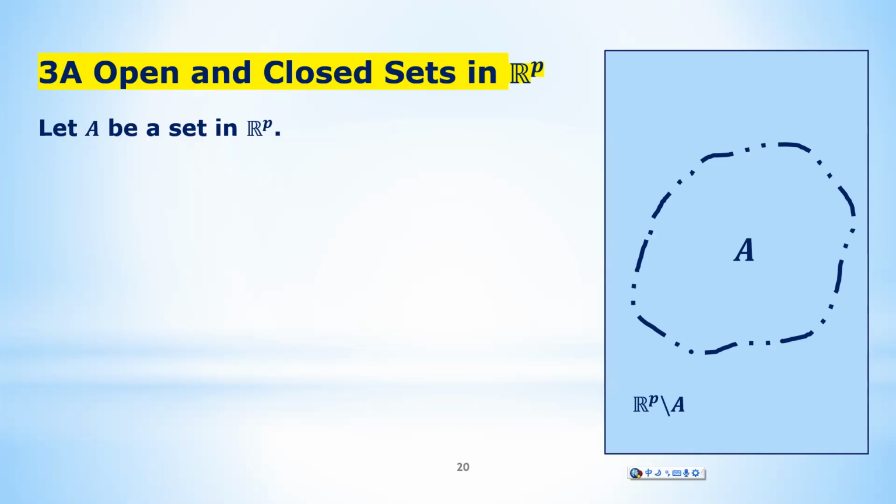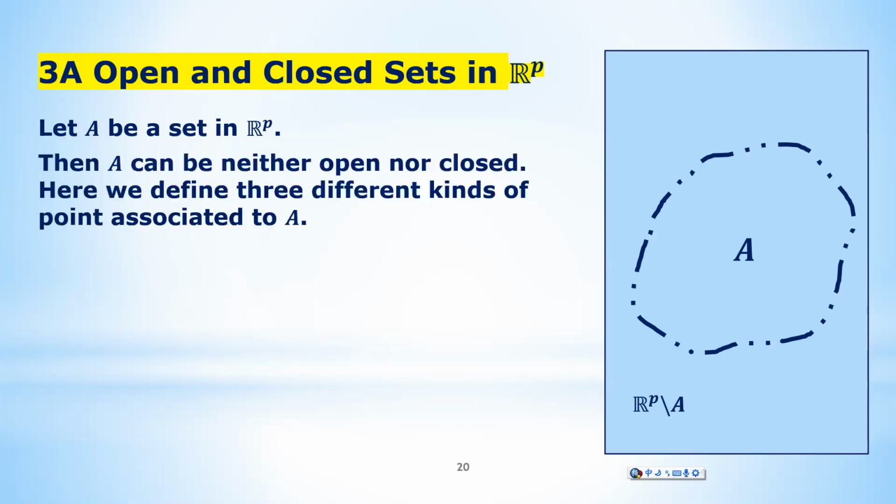So the main question is what we can say about the points belonging to a general set. For a general set, we can distinguish three different kinds of points.